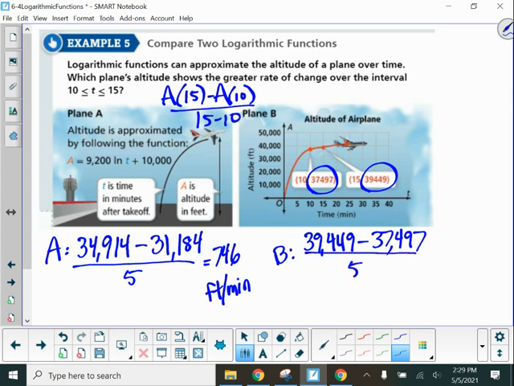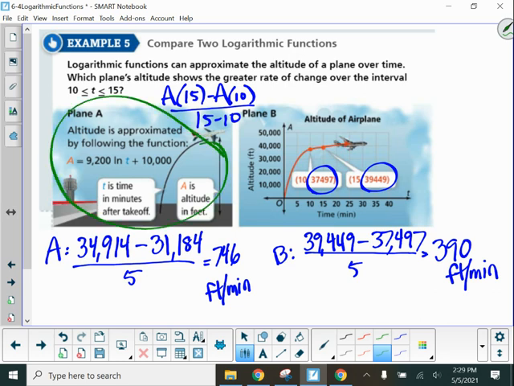And then when I divide that by 5, I get 390 feet per minute. Which one has the greater rate of change over the interval? That is going to be plane A, because its rate of change is almost double what it is for B.